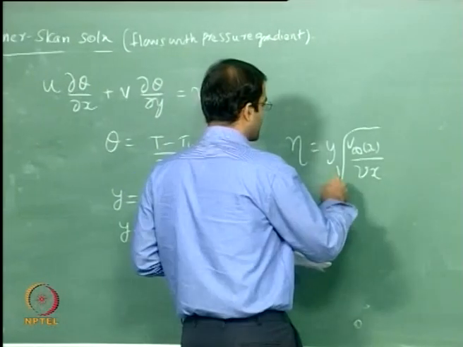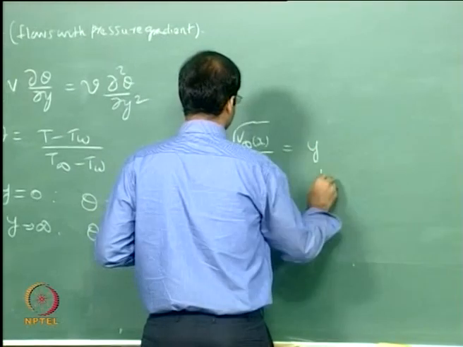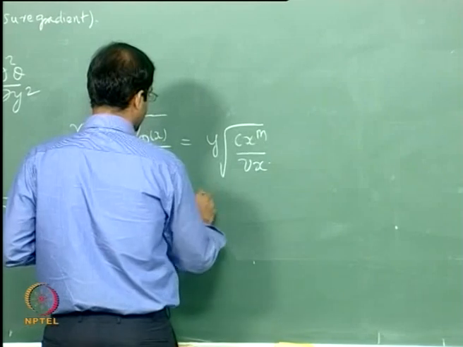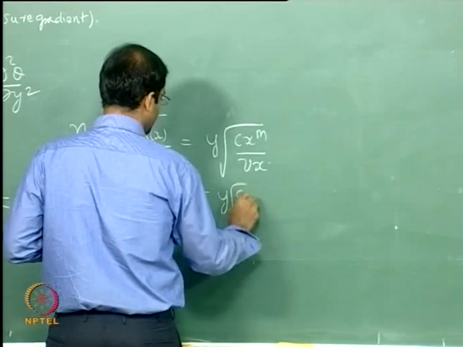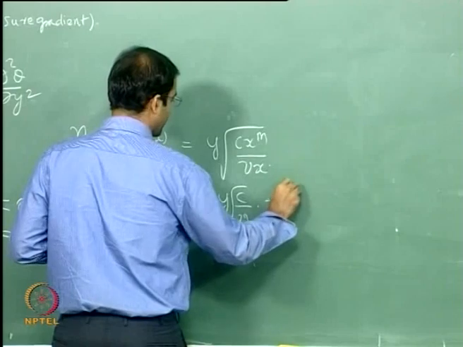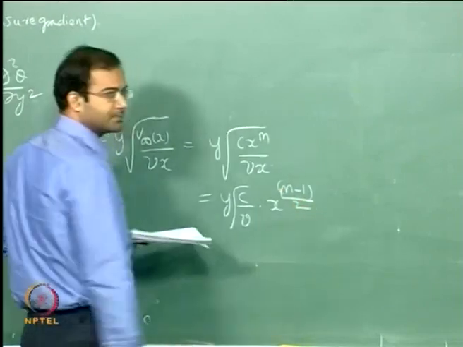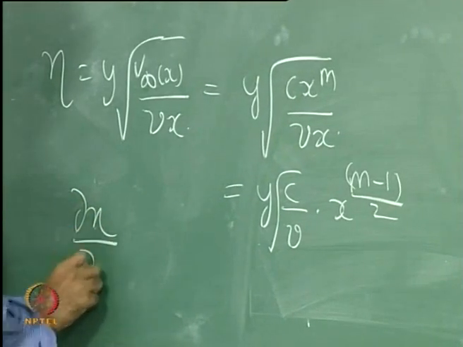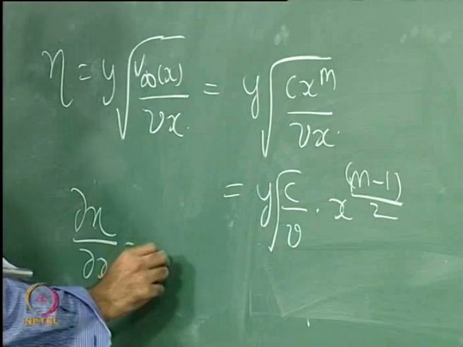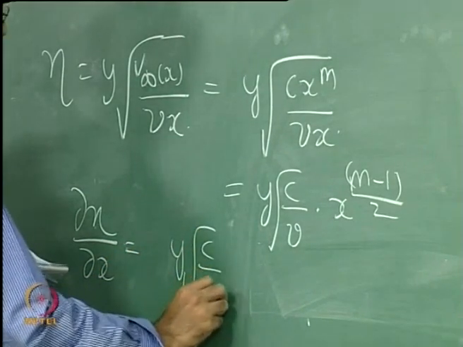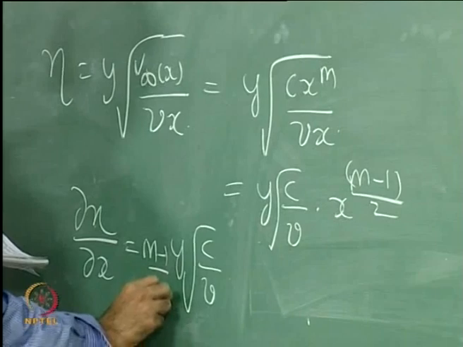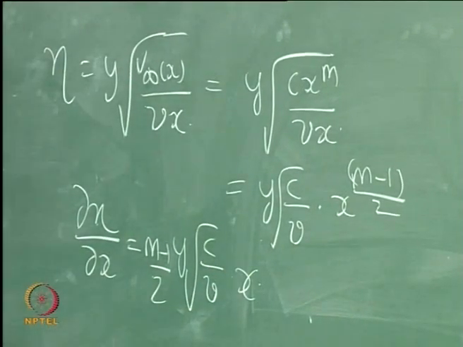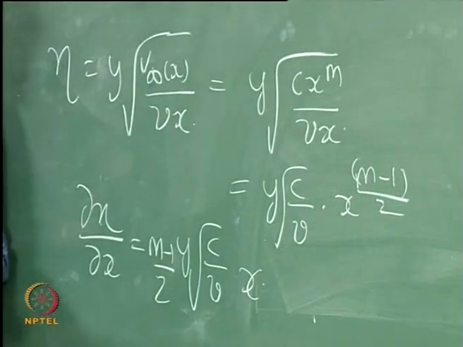So for example, if you say that this is y square root of c x power m by nu x, this can be written as y square root of c by nu into x power m minus 1 by 2. Therefore your d eta by dx will be y square root of c by nu into m minus 1 by 2 into x power what? If I differentiate, what should I get?